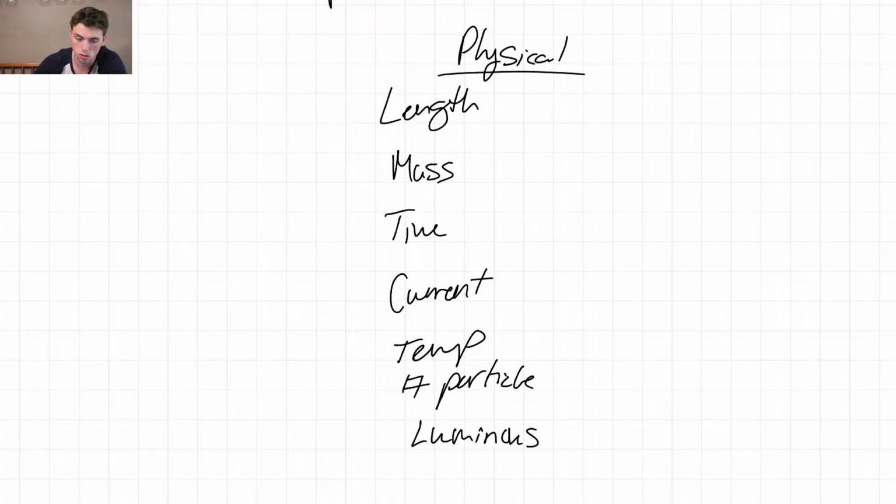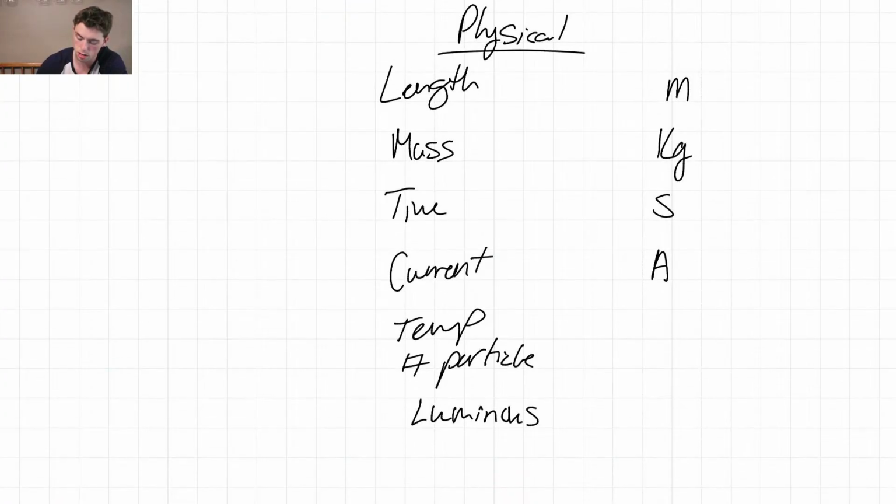So length uses meters, mass uses kilograms, time is usually in seconds, current is in amperes, temperature is in Kelvin, number of particles is in moles, and luminous intensity is candela.